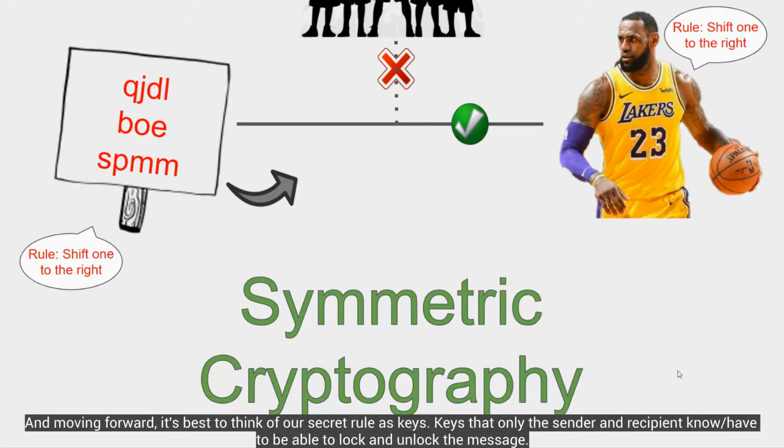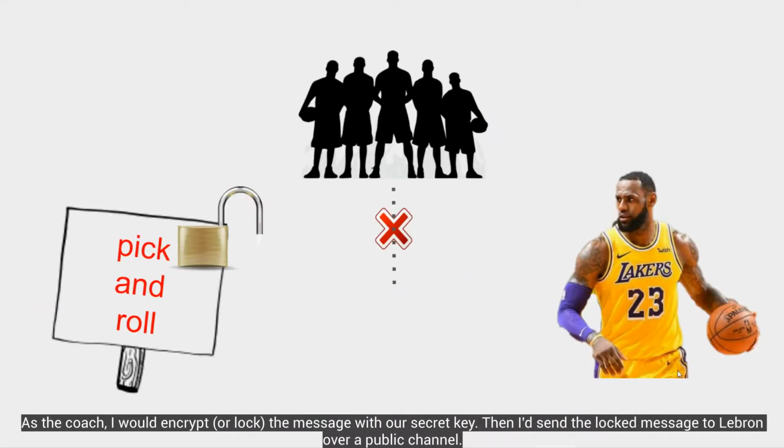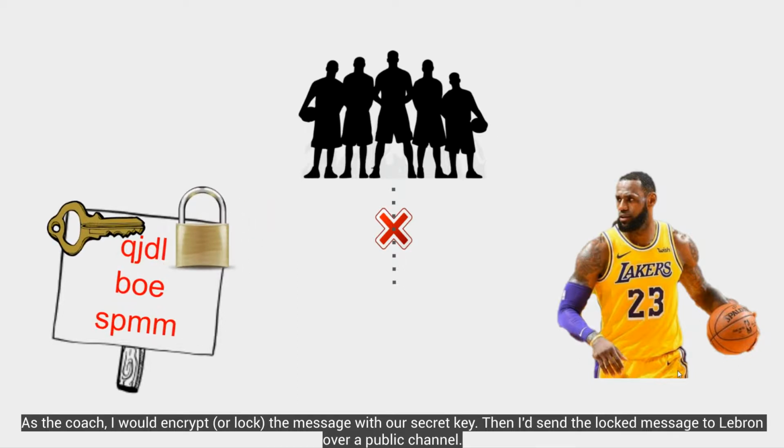And moving forward, it's best to think of our secret rule as keys. Keys that only the sender and receiver know to be able to unlock the message. I, as the coach, would encrypt or lock the message with our secret key.